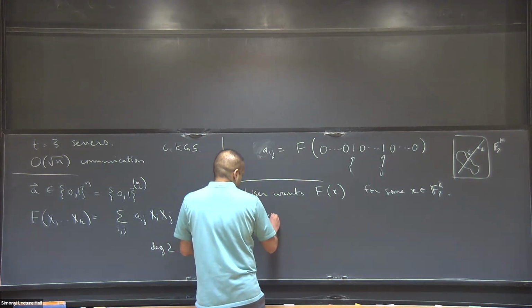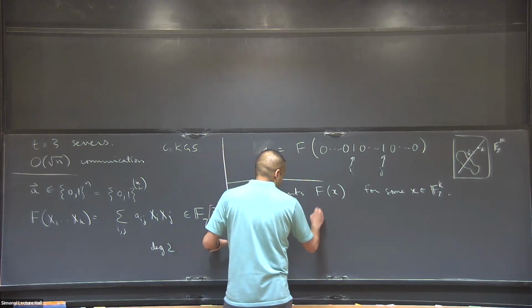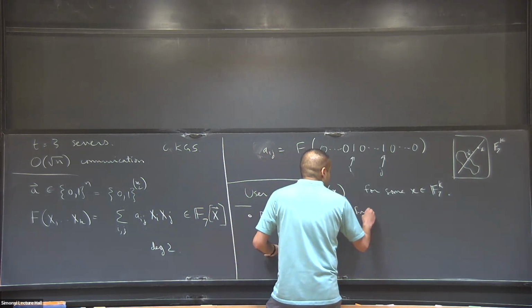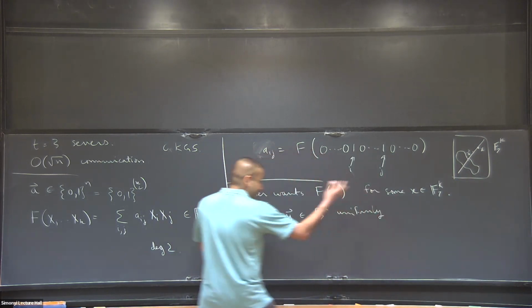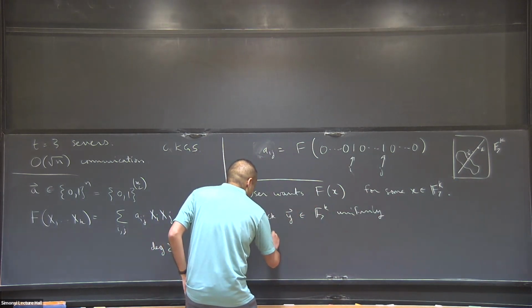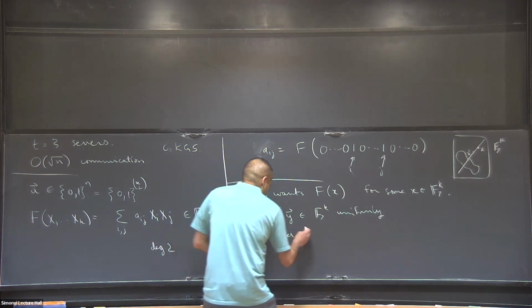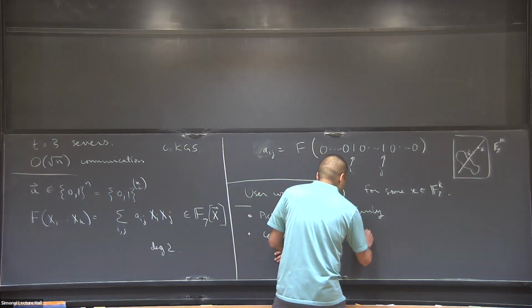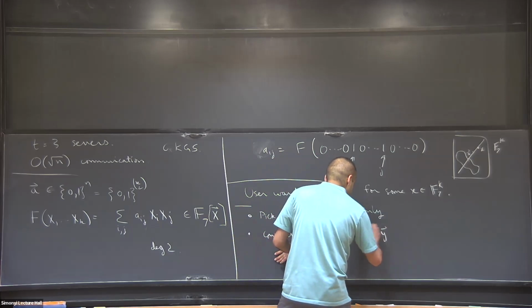Pick y in F7 to the k uniformly. The uniformity is what ensures the privacy of the questions. So consider the line L, which is x plus ty.